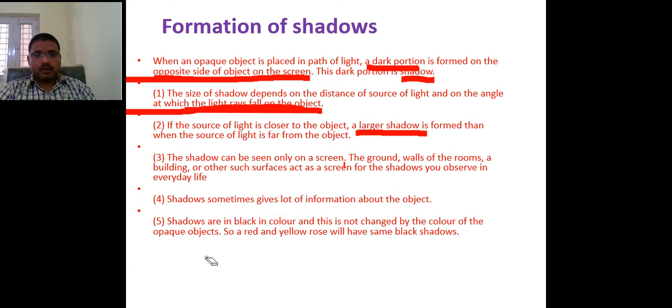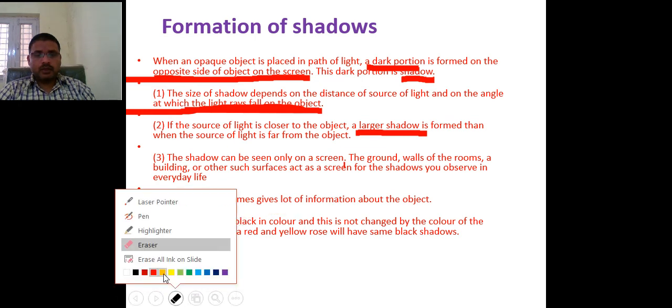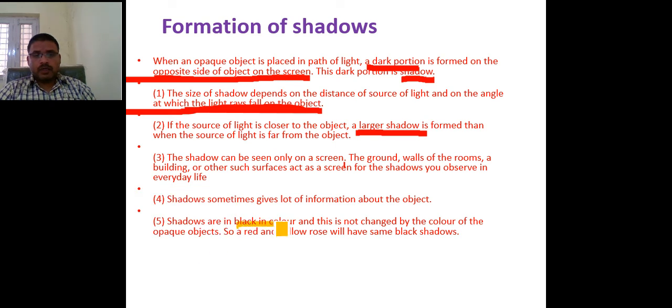That means shadows do not depend on the color of the opaque object. It is independent, and we always get the shadow in black color. So a red rose and a yellow rose will have the same black shadow.